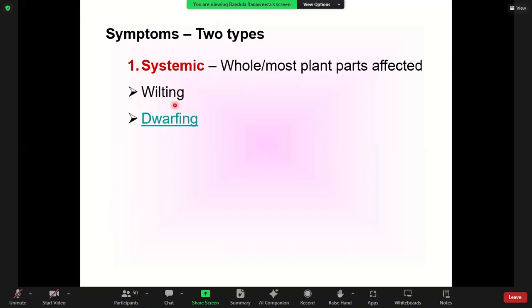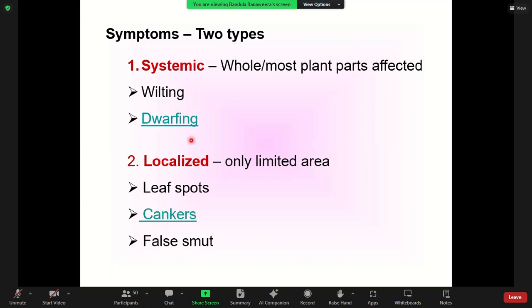Wilting, can you remember, appears in aerial parts. Maybe the whole plant is dehydrated, or maybe it is dwarfed, an unusually short plant. Those are systemic symptoms.